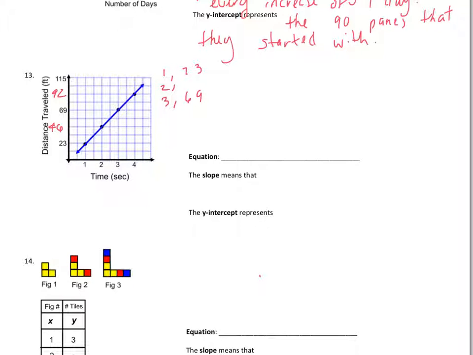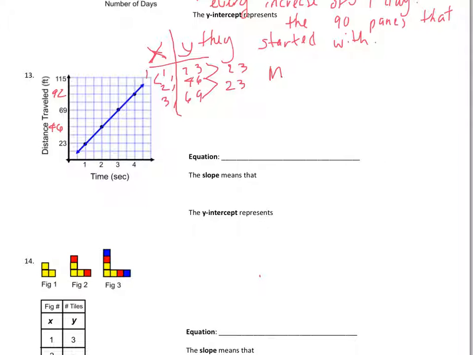So here's an increase of 23. If this is x, excuse me, my goodness, x, and here's y. For every 1, y increases 23.